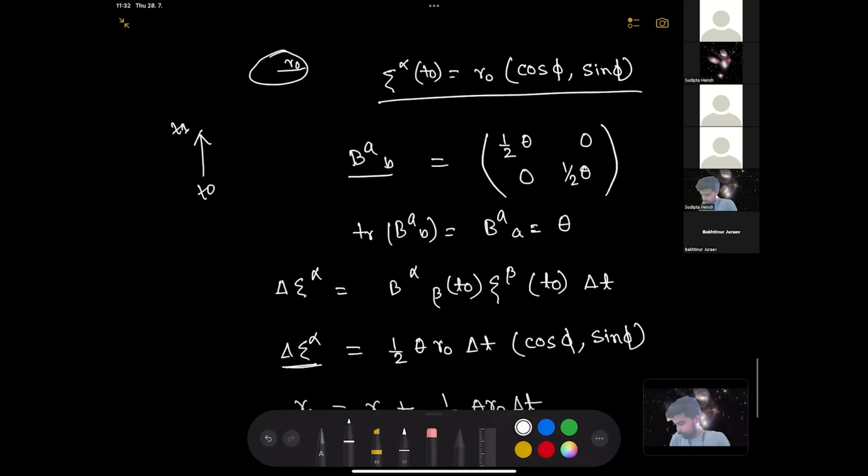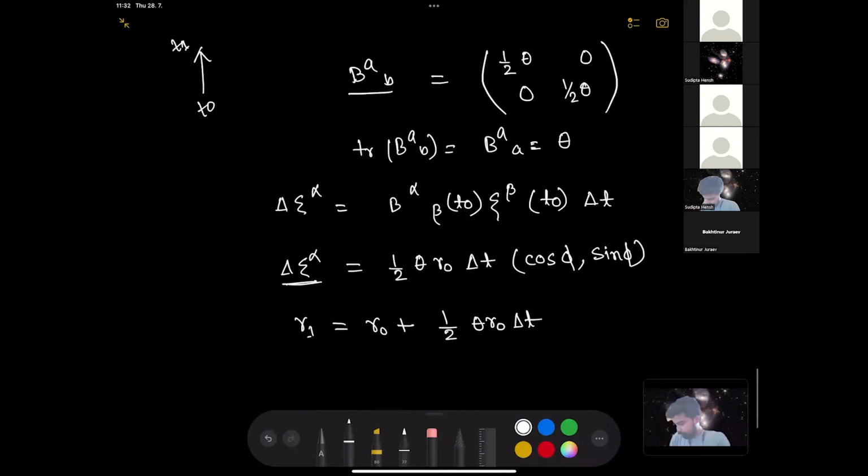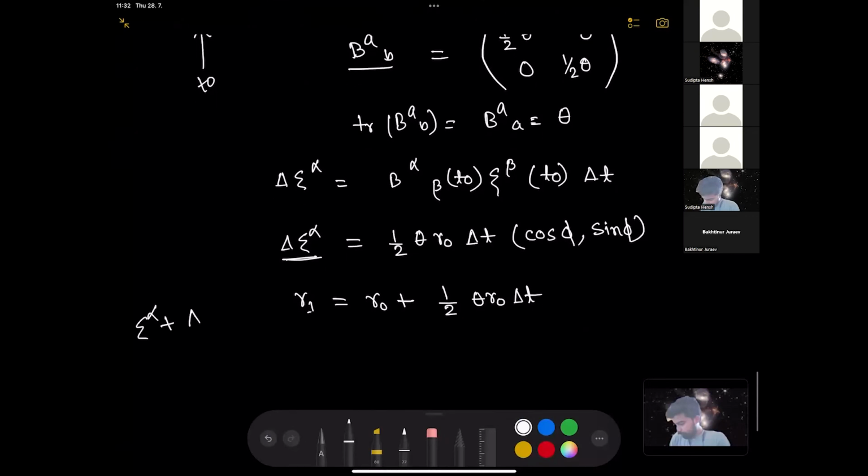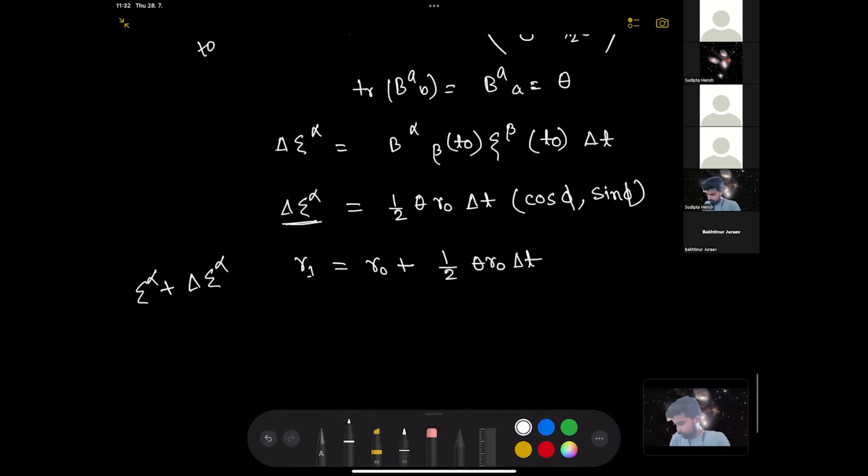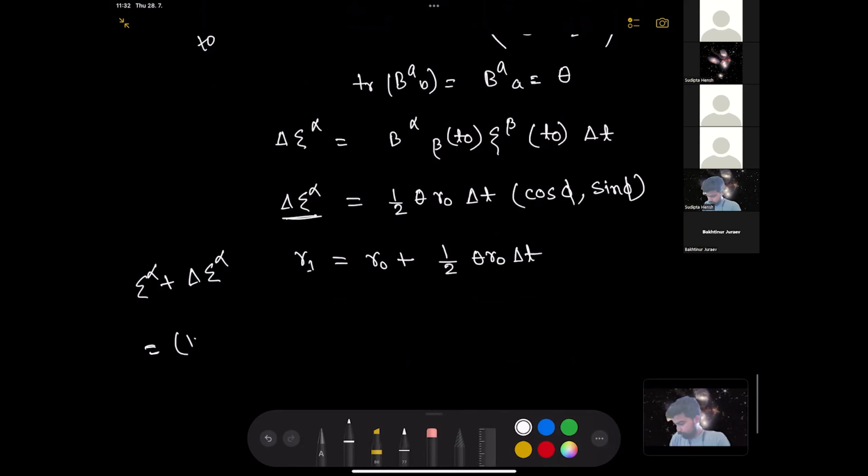So if we calculate xi alpha plus delta xi alpha, we will have R0 plus half theta R0 delta t, cosine phi, sine phi.